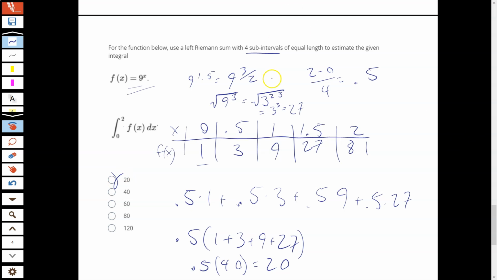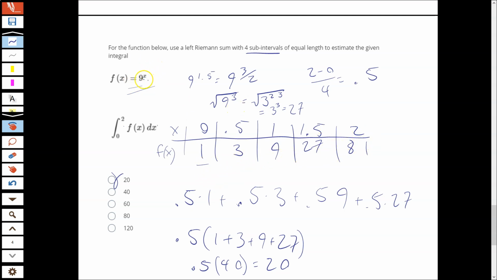Okay, so that is my estimate, and it is a left Riemann sum. So we could graph this, I guess, if we wanted to. f is obviously increasing, though. We can see from the table 1, 3, 9, 27, 81.